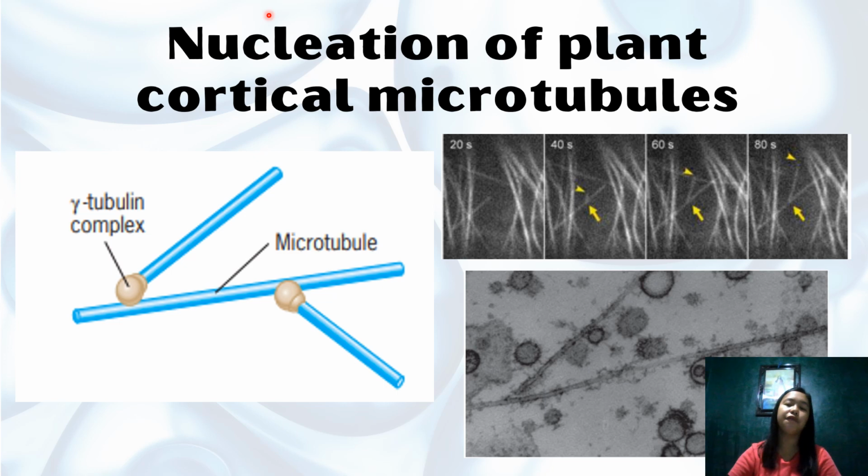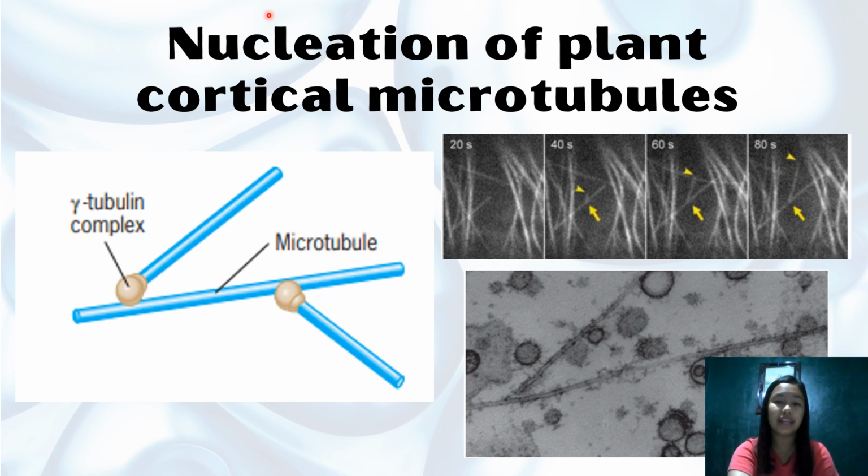So, the process of nucleation of plant cortical microtubules involves the initiation of new microtubules at specific sites on the surface of existing microtubules. In live cultured tobacco cells expressing GFP-labeled tubulin, micrographs reveal an existing microtubule nucleating the assembly of a daughter microtubule, resulting in a Y-shaped branch.